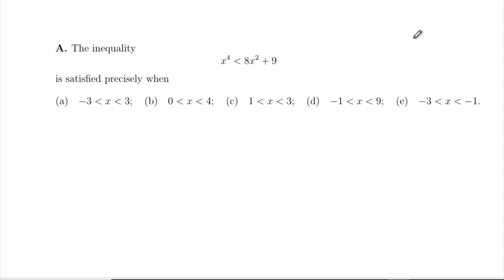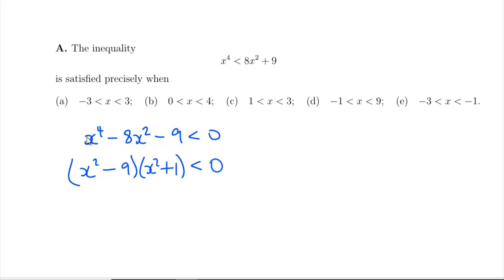Question A, this inequality, we just need to solve that inequality. X to the power 4, but that might not make any difference if it still factorizes in x squared. So x to the 4 minus 8x squared minus 9 less than 0. And yes, that does factorize because we're going to get a minus 9 and an x squared plus 1.